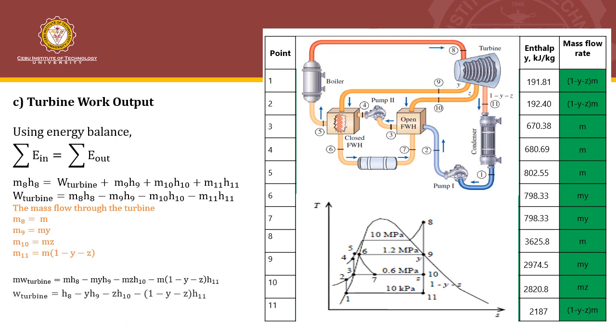So the work of the turbine is expressed in the equation that you can see. Substituting the value of those enthalpies and the values of y and z, we can get the turbine work output as 1,289 kilojoules per kilogram.